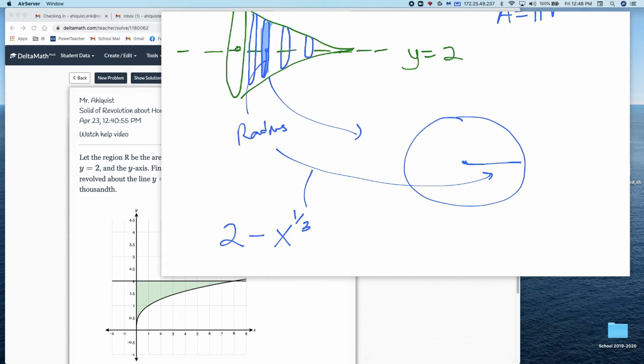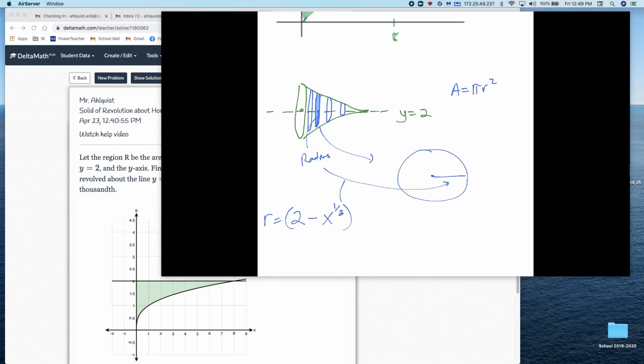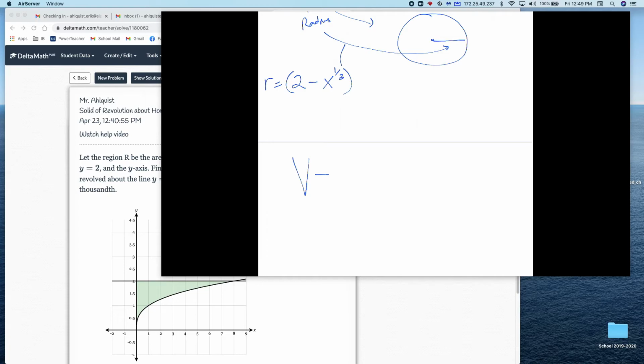And it changes, right? The circle at the start is bigger than the circle at the bottom, but we're going to use the integral to help us with that. So to get the volume, we're going to take the integral from a to b of pi times the radius squared, and then write that radius in terms of x.